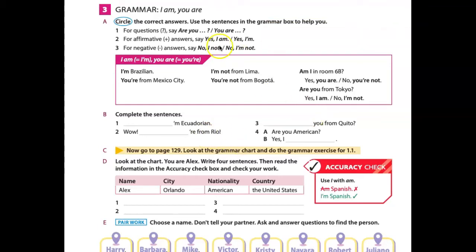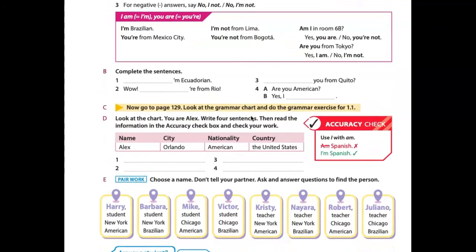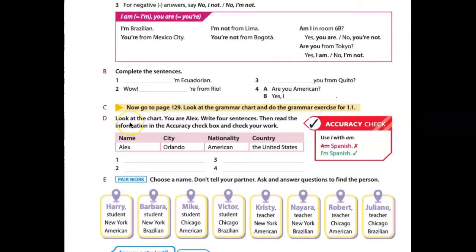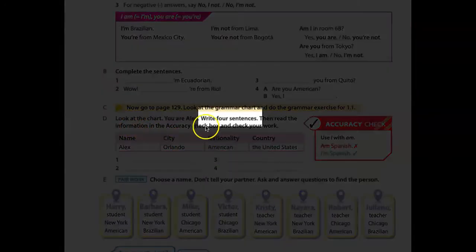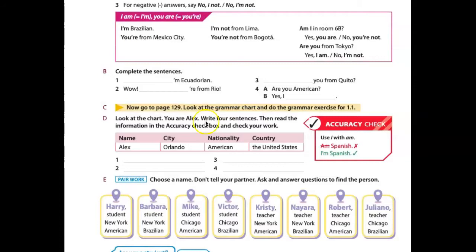We have here the grammar explanation, and then look at the way the exercises are developed. First, we have control practice, then semi-control practice, and freer practice. Look, exercise B is control practice with fill in the blanks. Then exercise D is semi-controlled practice because they are not only going to write one word, they're going to write 4 sentences. They're going to write sentences using the information that is found here.